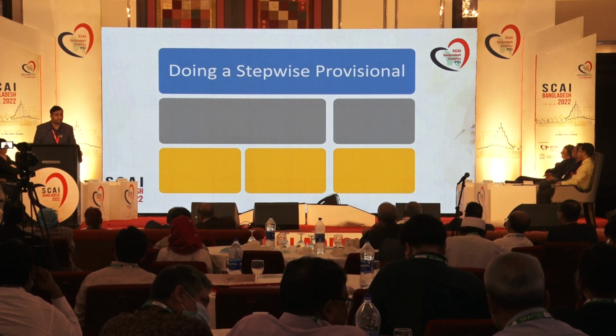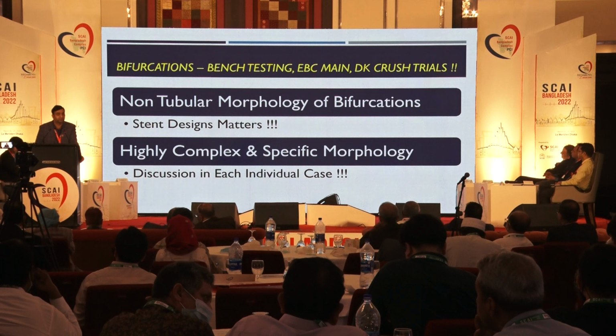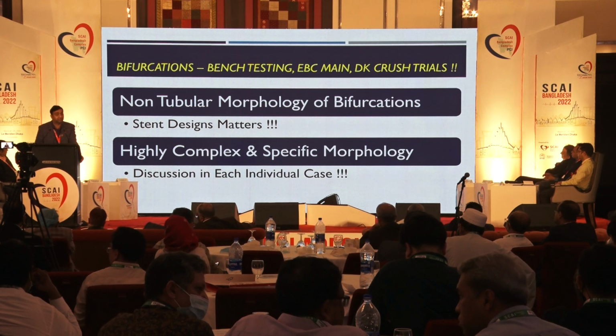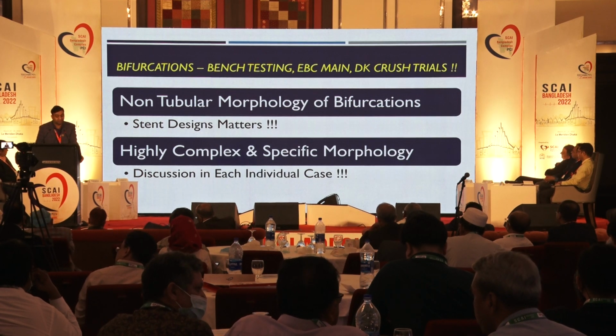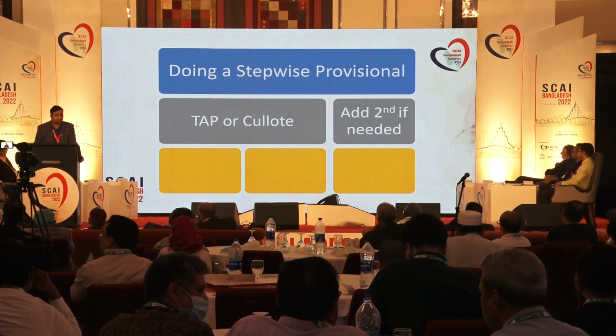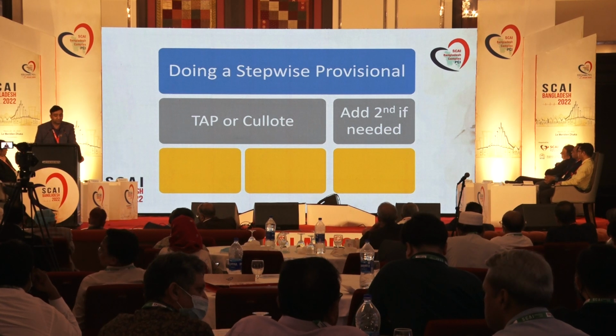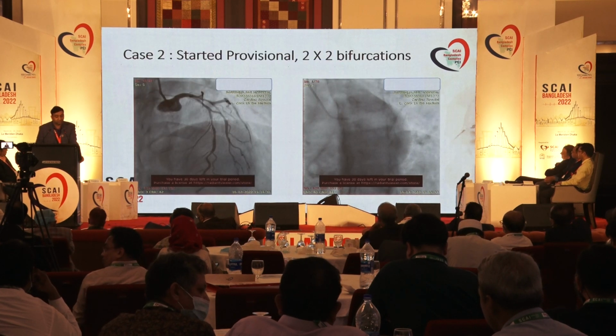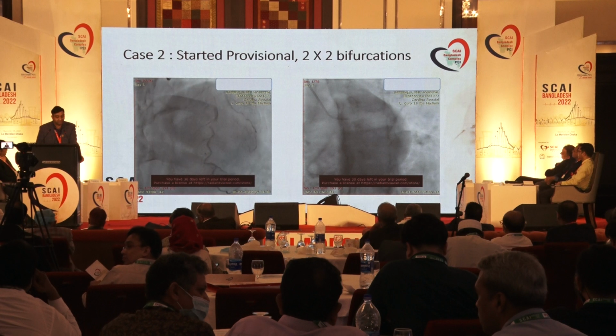So the first strategy that we discussed was a stepwise provisional strategy in which the imaging was offset by the use of functional significance. But not all bifurcations are equal. We need to individualize our approach and we can always switch to the two-stent strategy after the provisional strategy with a TAP or culotte. So these cases were done without imaging.